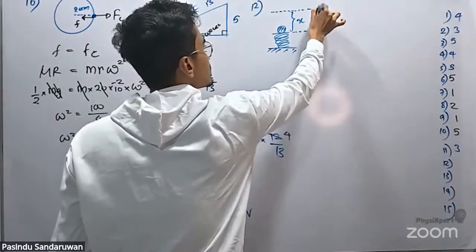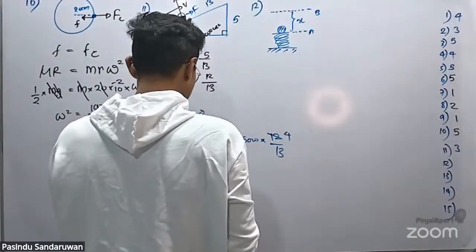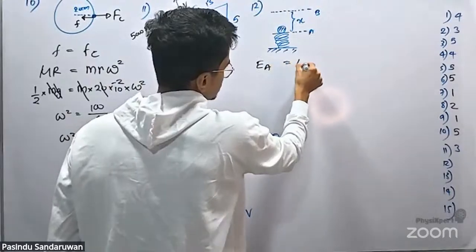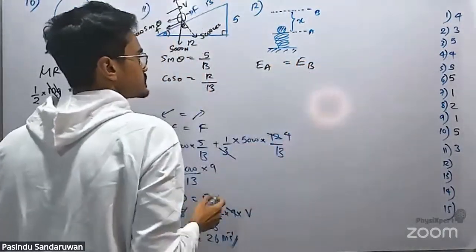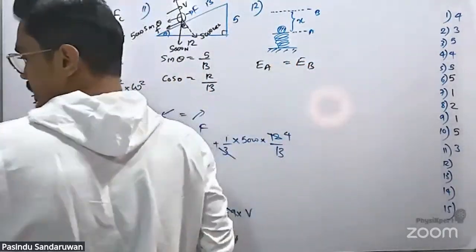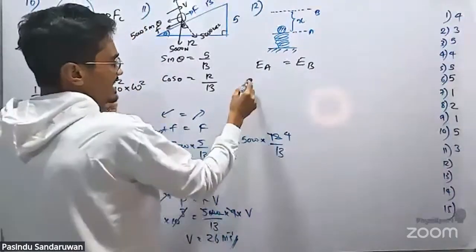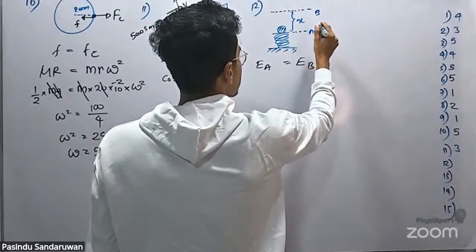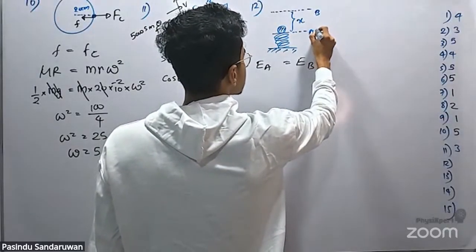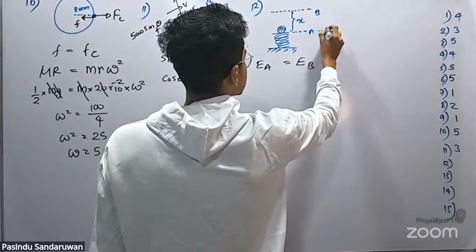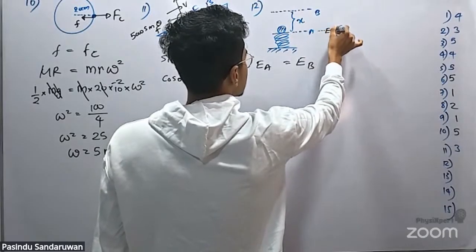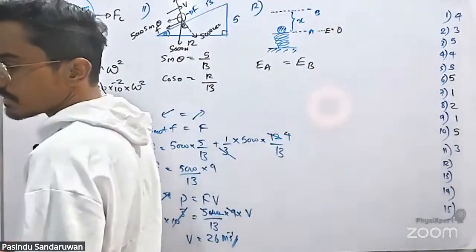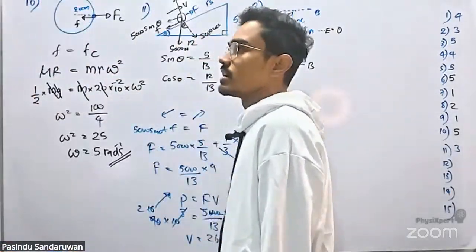Let's say A and B. Then total energy at A equals total energy at B. Total energy at A, we'll consider this as the Earth zero level, right?